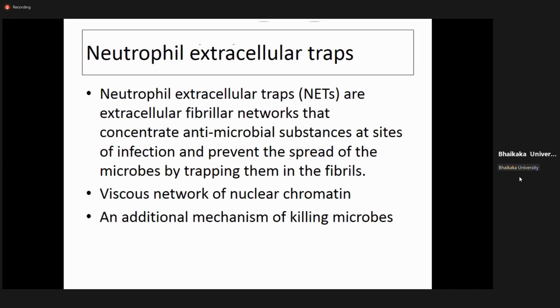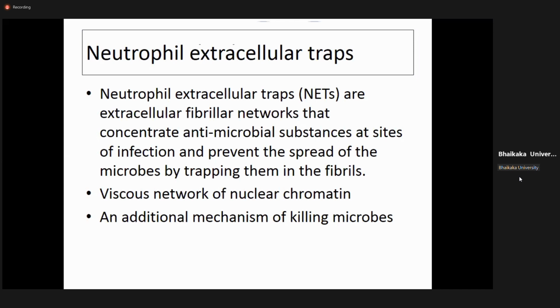Apart from that, there are also additional mechanisms for the destruction of offending agent, and one of them is neutrophil extracellular traps. These are extracellular fibrillar networks. They cause concentration of antimicrobial substances at the site of infection and will prevent the spread of microbes by trapping them in the fibrils.